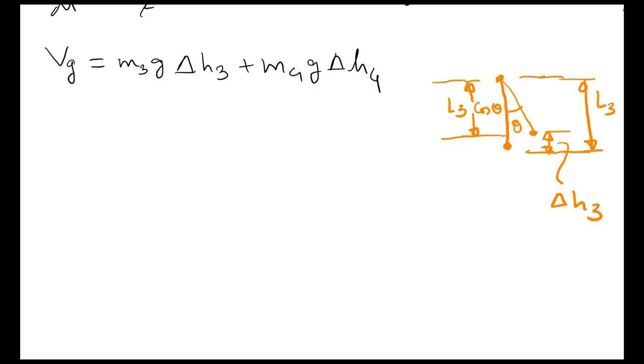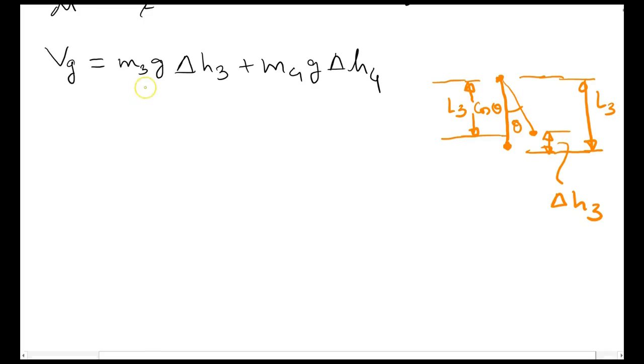Alright, now we need to consider gravitational potential energy Vg, where we only get those components for gravitational potential energy which have linear kinetic energy.